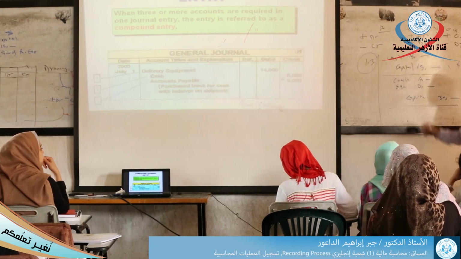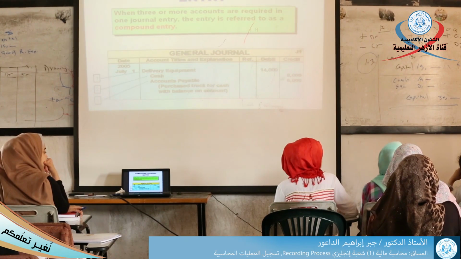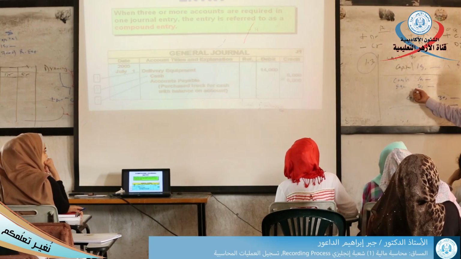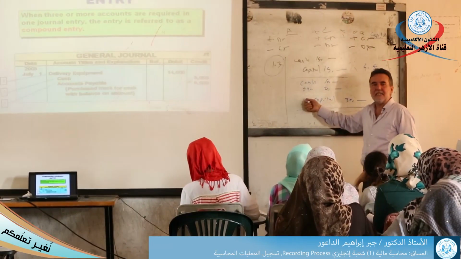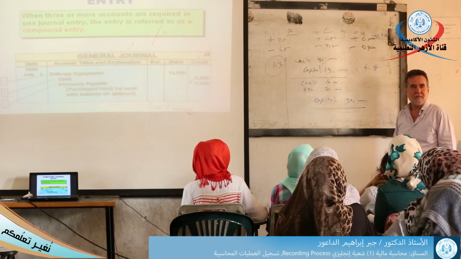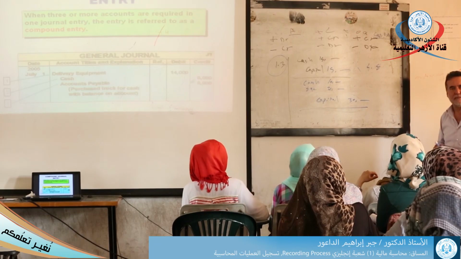So it's called a compound entry. Why? Because the debit side has two items, cash and equipment. So this is called a compound entry.